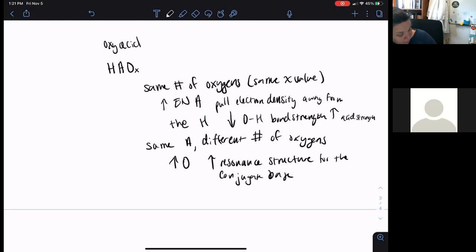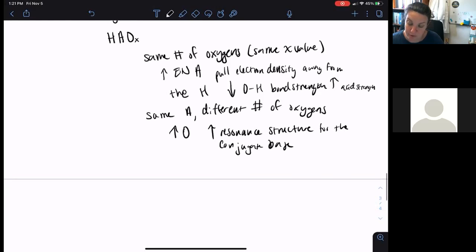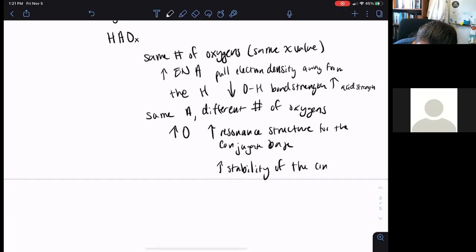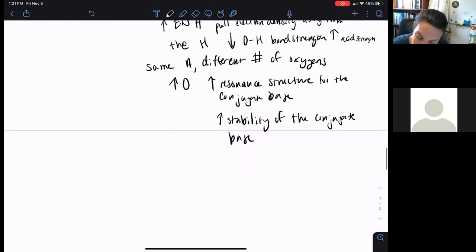When we have a greater number of resonance structures for our conjugate base, that's going to increase the stability of the conjugate base. Increased stability is going to mean it's going to be a favored substance. So this is going to cause us to increase our acid strength.